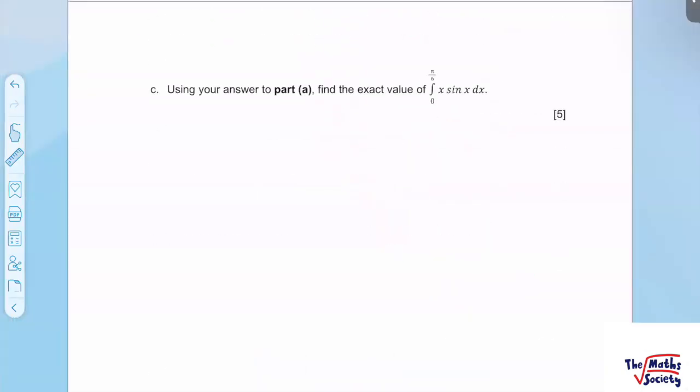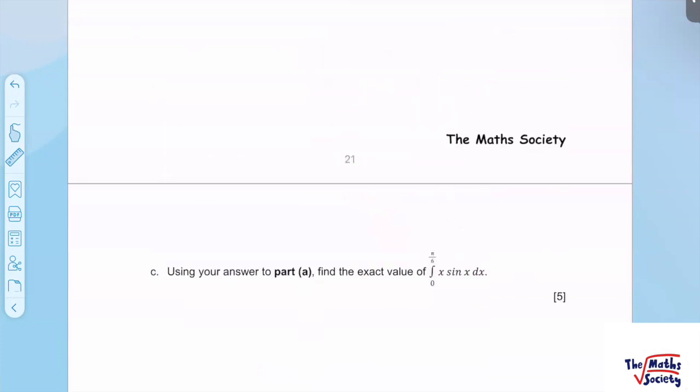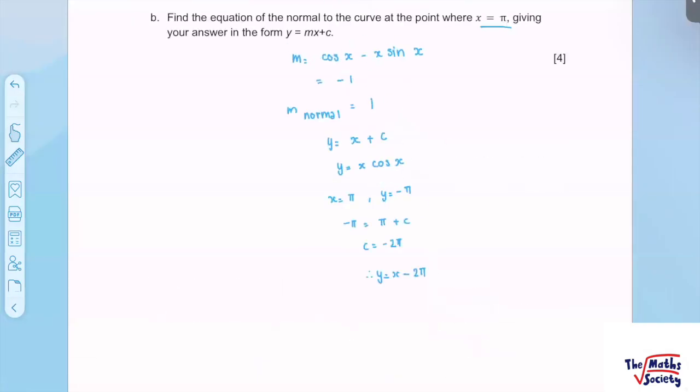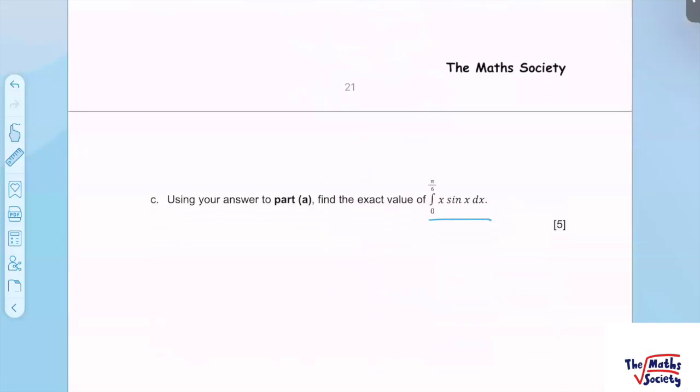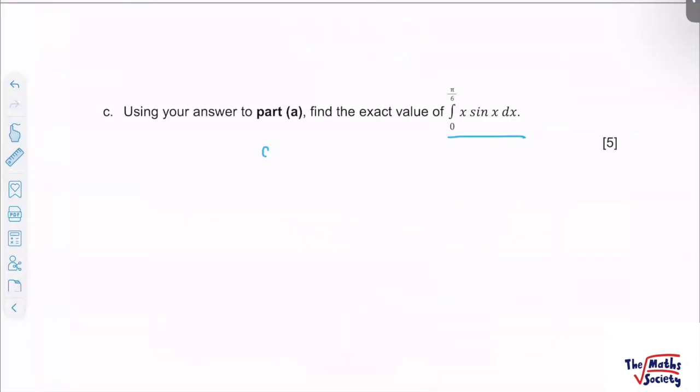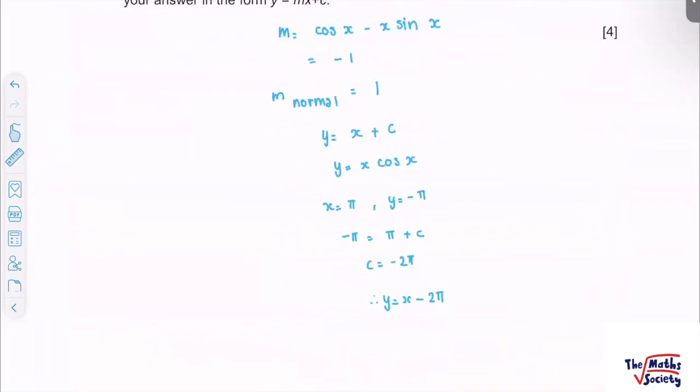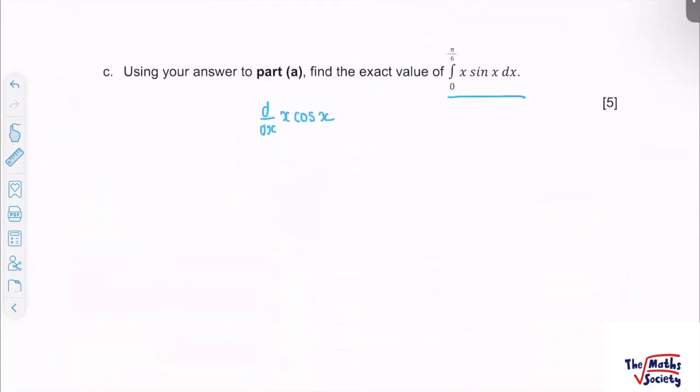And number C. So give your answer to part A, find the exact value of this. Your part A, so that is cos x minus x sine x. So that's d by dx, x cos x, right? That was equal to cos x minus x sine x, because it's x sine x.